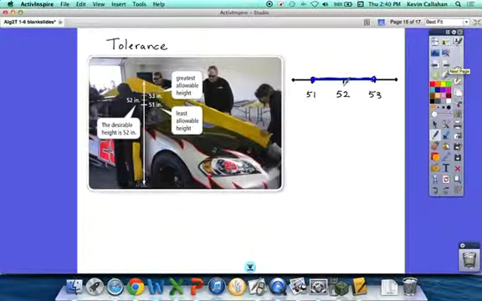So we know we're shooting for 52, but we need to make sure that it's no more than one difference from that. And you might guess how we do that. If we're going to call the height of the car h, the way that you would write it is like this. You would say the absolute value of h minus 52 is less than or equal to 1.